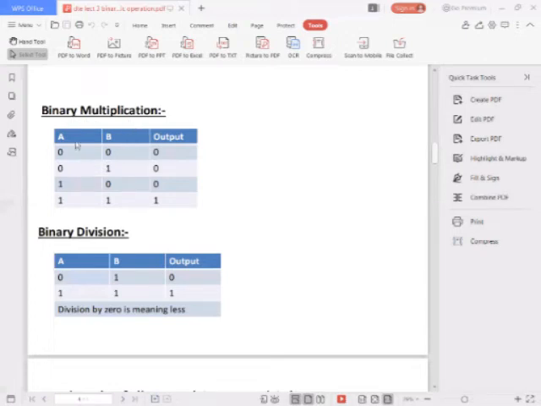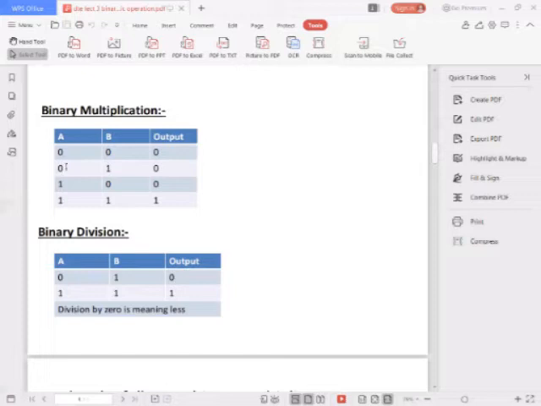In binary multiplication rules, A and B are the variables and output means multiplication. In case number 1, if A is equal to 0 and B is equal to 0, that is 0 multiplied with 0, then output is 0.